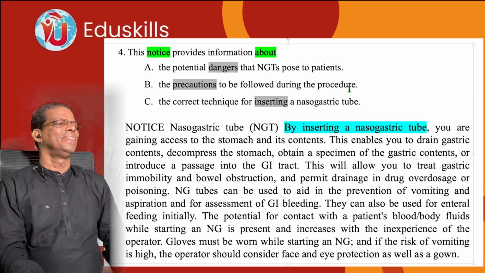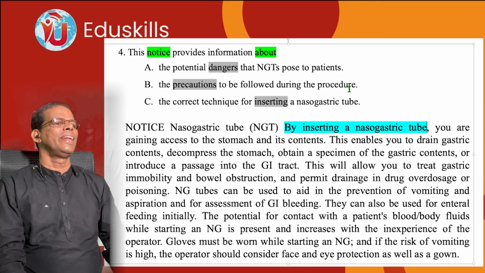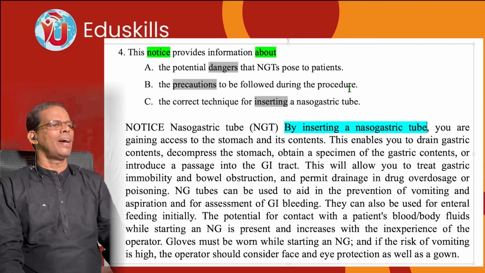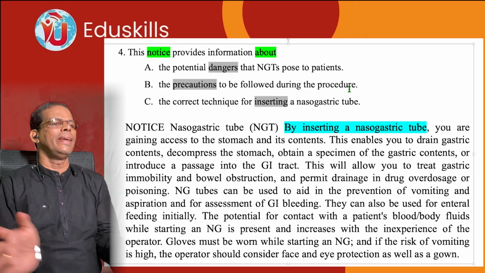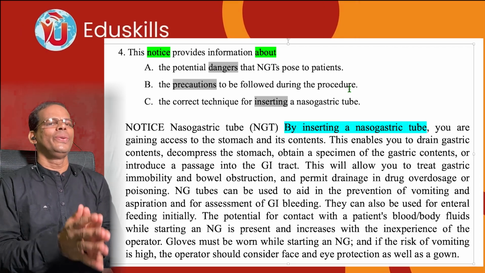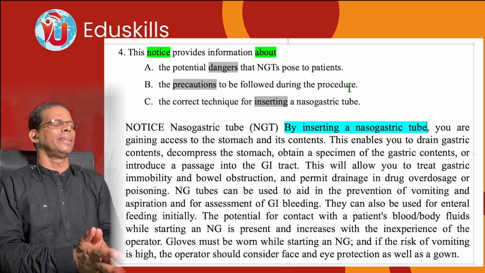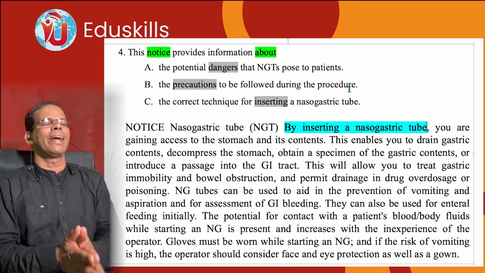The insertion is over. You have got access to the stomach and its contents. This enables you to drain gastric contents. What happens after inserting? The whole text speaks as if inserting is over. By inserting a nasogastric tube, you have already inserted. You are gaining access to the stomach and its contents. Now you are going to the next step. This enables you to drain gastric contents.